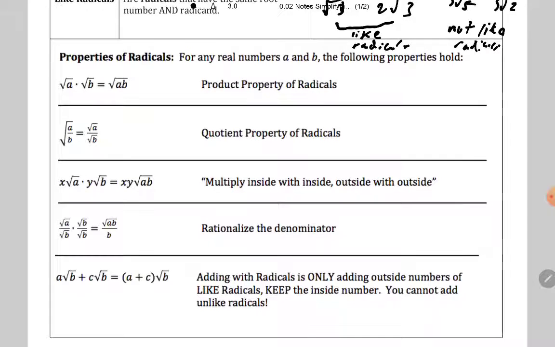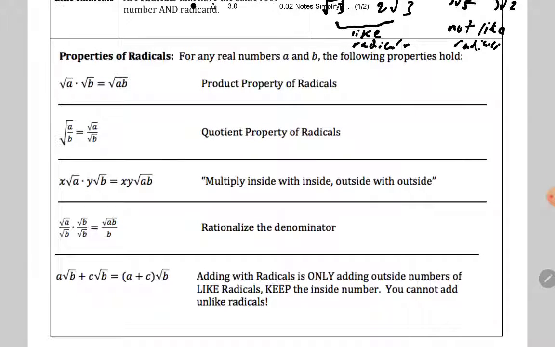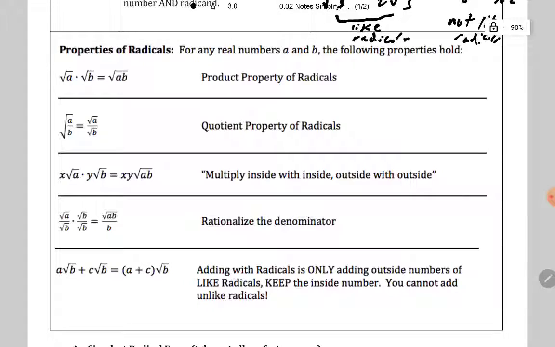So properties of radicals: if we multiply them together, so if we have square root of 2 times square root of 3, we just put them together under one radical, square root of 2 times 3, which is 6. Same thing with division. We can separate them into 2 separate radicals.